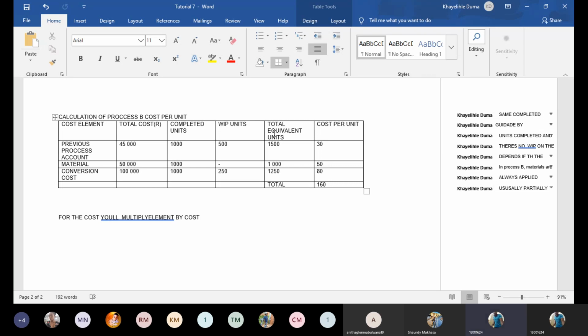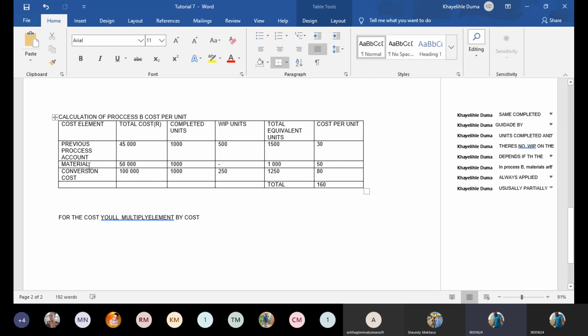When you come to the process account, if it was process A, obviously you're not going to have the previous process account line, because if you're on process A, that's where you're starting. Can you have something from the back when you're just starting? Obviously, you can't. But then because we are on process A, you start with that process. You cannot just forget about it.